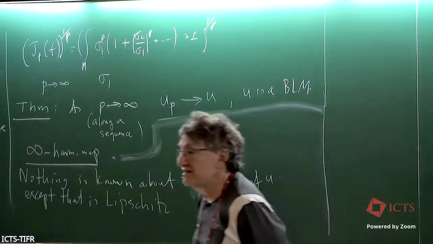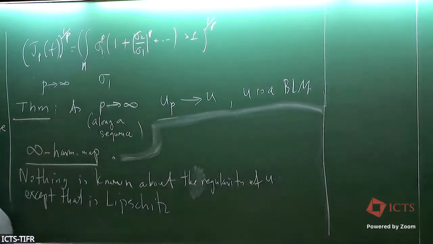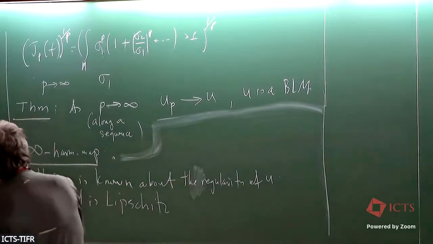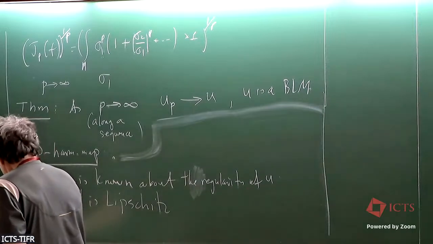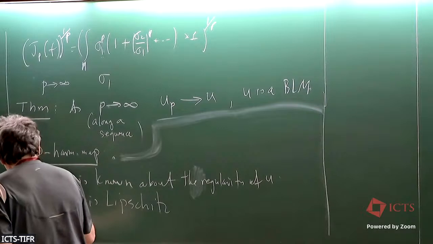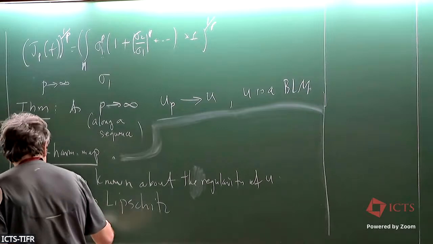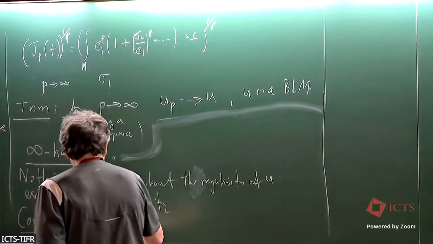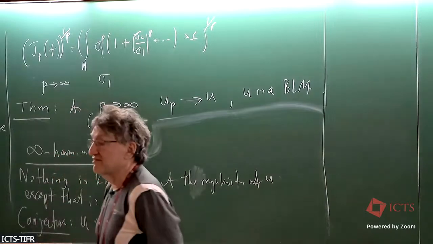Yes, sure. Should I infer from the statement that if you have one sequence which is converging to U, and that U is best Lipschitz, should I infer that if I found a different sequence? Yes, exactly. So the conjecture is again that U is unique, in other words, independent of the sequence.